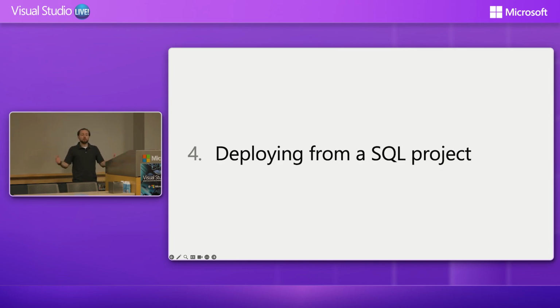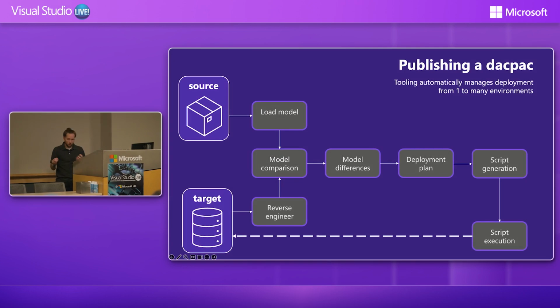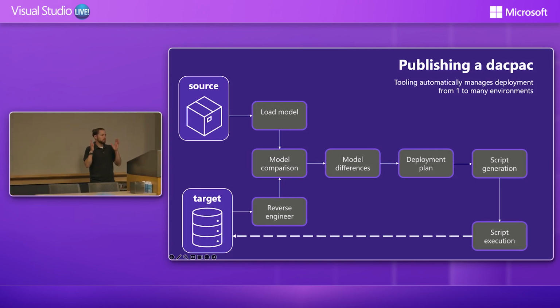There's a whole range of different classes of deployments. It's not one size fits all. But where SQL projects help us is the tooling will let us manage whatever the state of the environment is. We don't have to know it ahead of time.